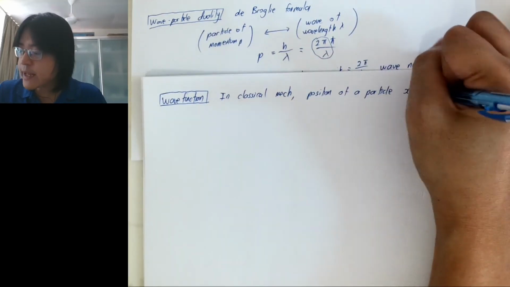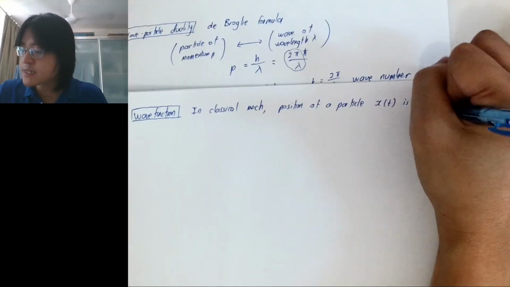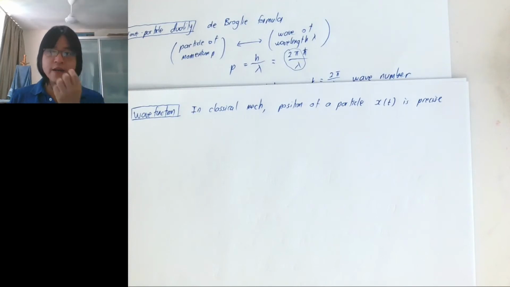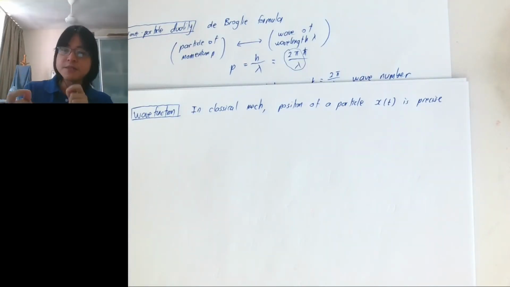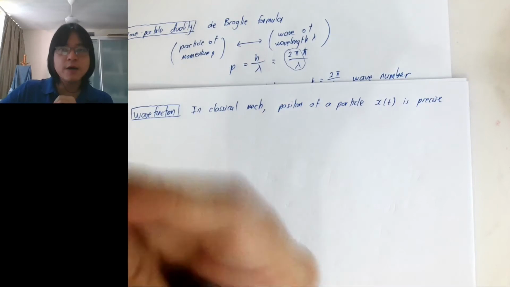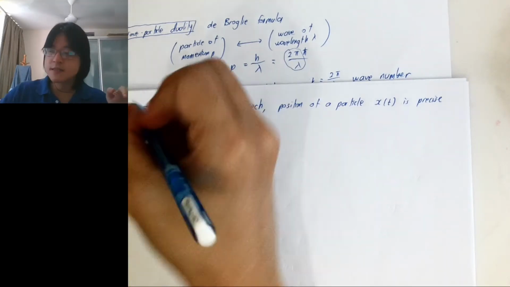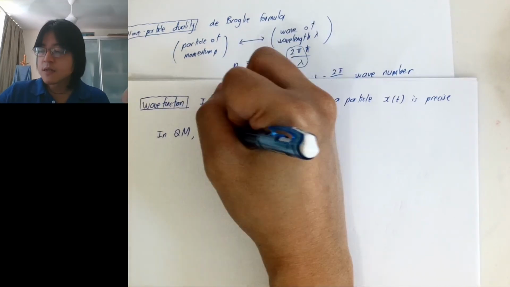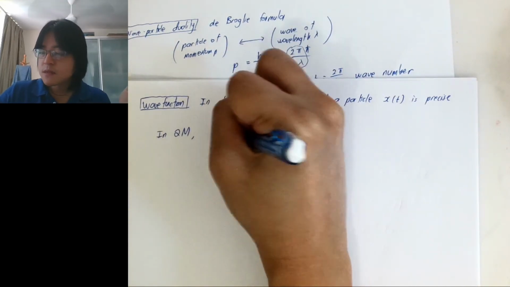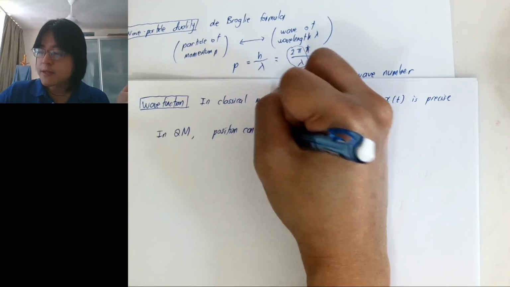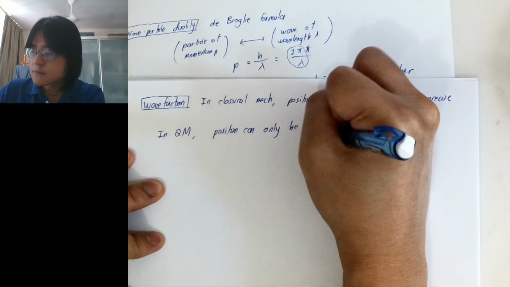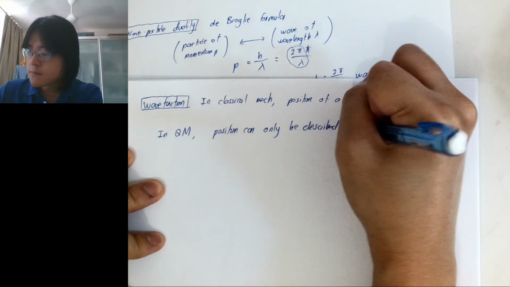Let's say an x coordinate. If you use Newton's law, you can calculate exactly what the position of the particle is at exactly what time. But in quantum mechanics it cannot be precise. The position can only be described with probabilities.